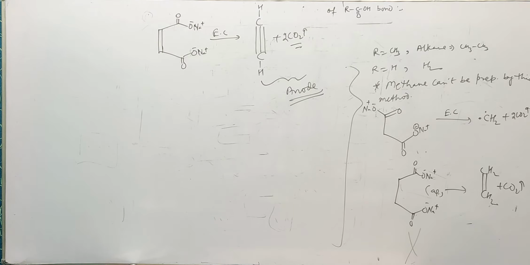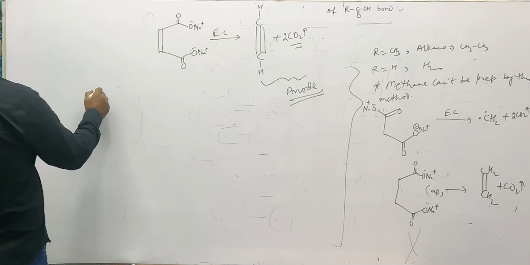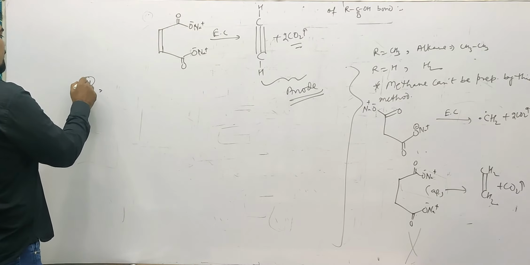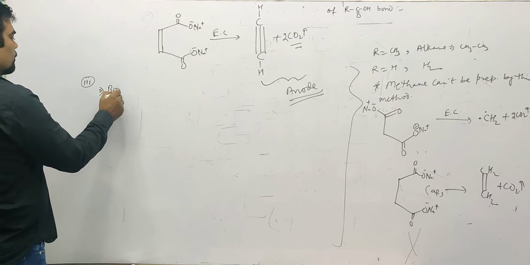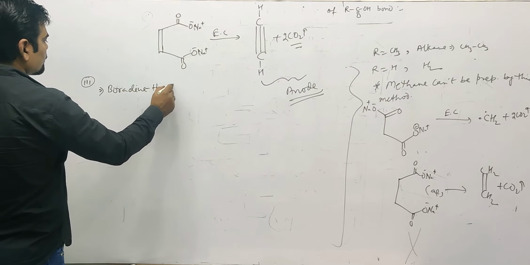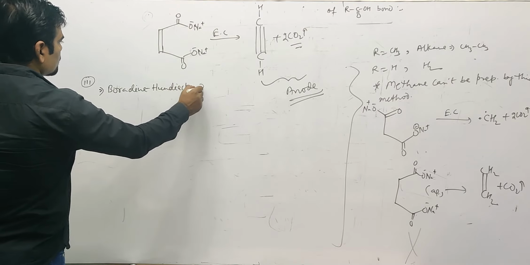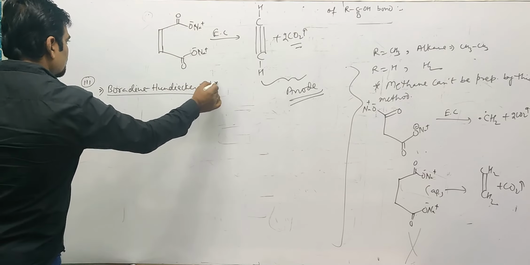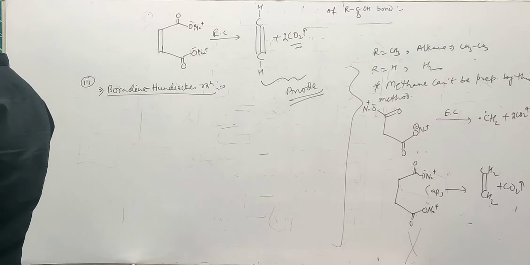Next is the Borodin-Hunsdiecker reaction. This is the third method of decarboxylation of carboxylic acid.